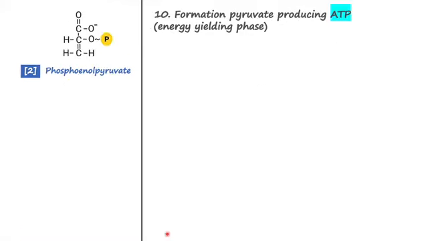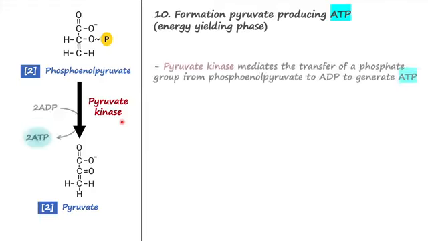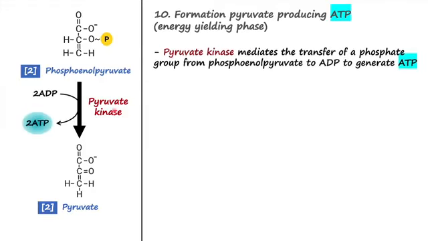And the last reaction of glycolysis, that is the formation of pyruvate. So in this reaction, phosphoenol pyruvate is converted into pyruvate with the help of enzyme pyruvate kinase. And again, as the name suggests, this kinase transfers the phosphate group from phosphoenol pyruvate to ADP to synthesize 2 molecules of ATP.